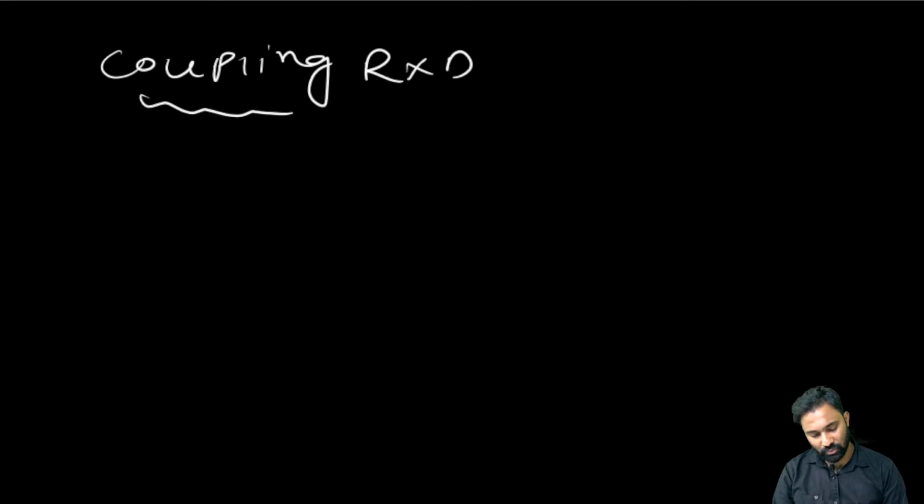And the next type of reaction we are having is the coupling reaction. Coupling reaction, my dear friends, there is no need to remember the mechanism. Just remember only one thing.